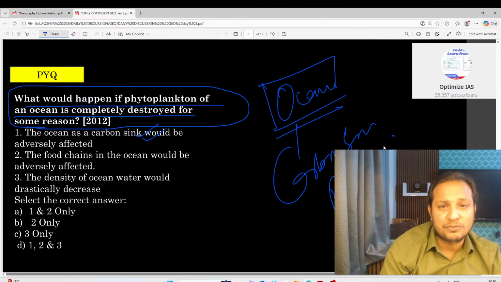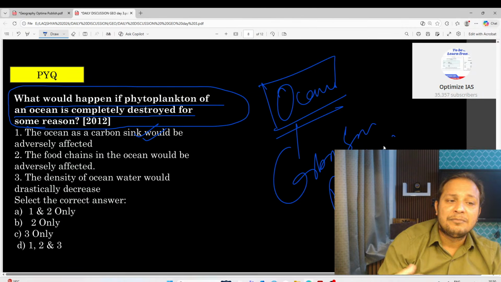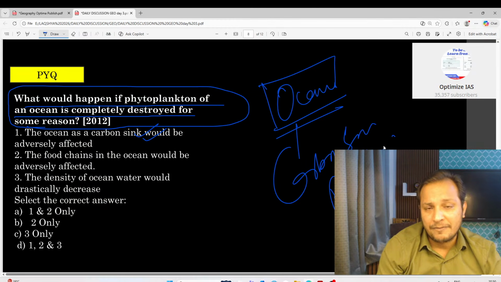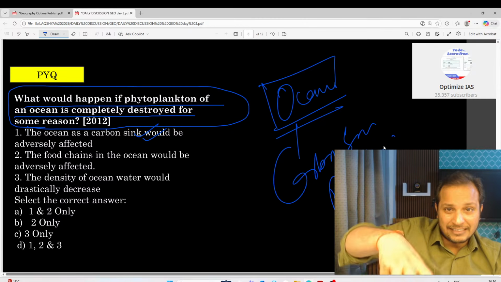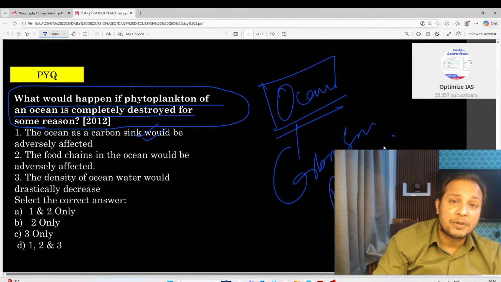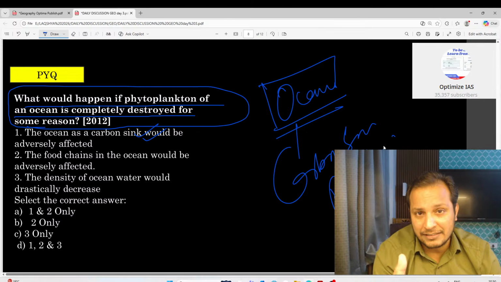Phytoplankton do photosynthesis and take carbon dioxide from the atmosphere. Because of them, the level of carbon dioxide is stable. If phytoplankton are destroyed, the ocean as a carbon sink will reduce its impact.